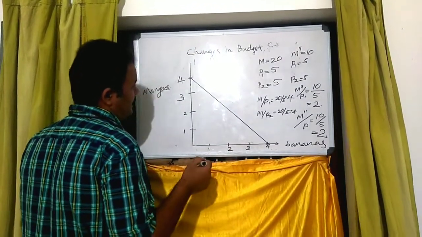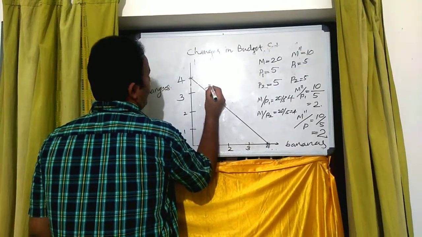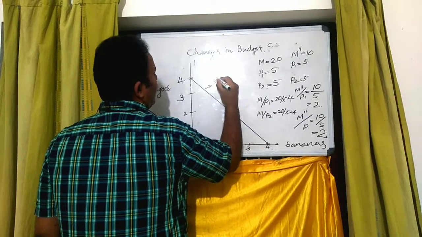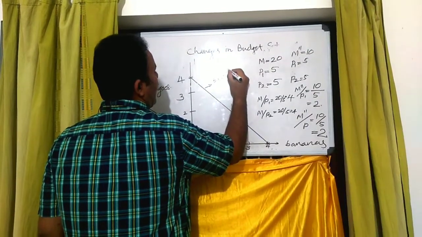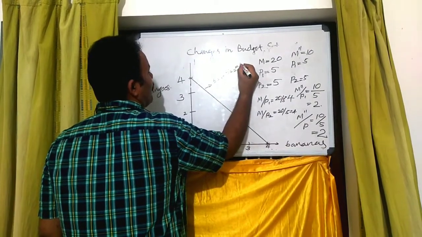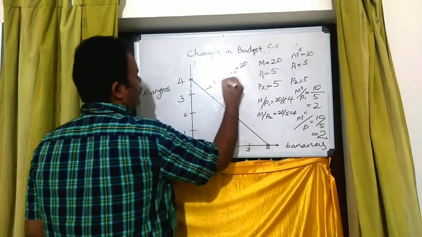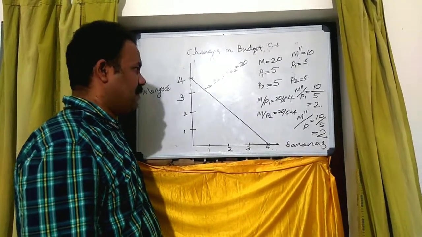This budget line represents the equation 5x1 plus 5x2 is equal to income. What is income? 20. 5x1 plus 5x2 is equal to 20.